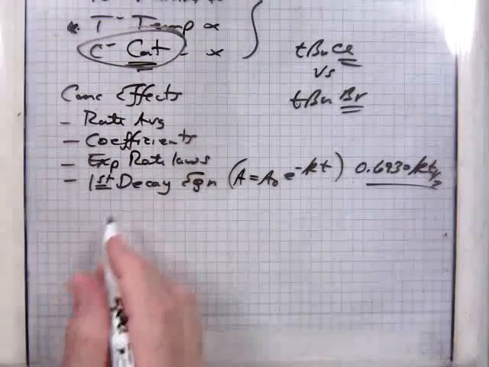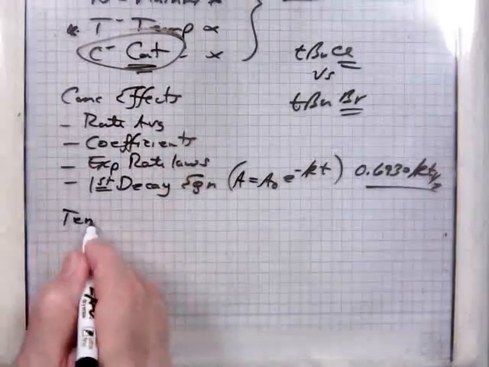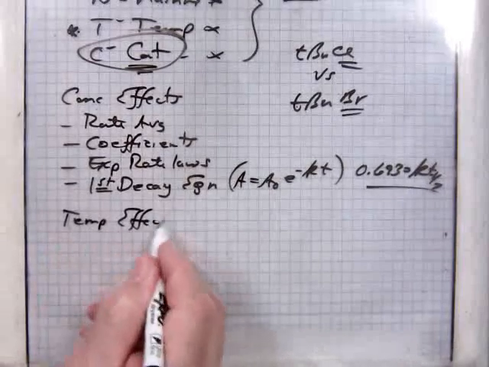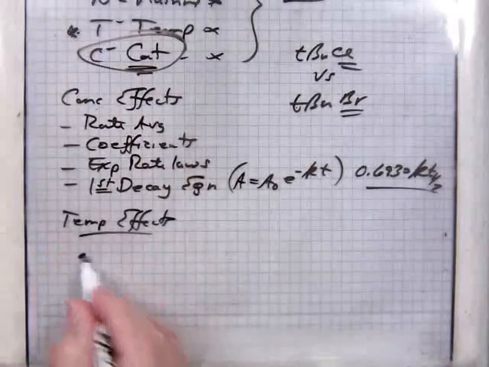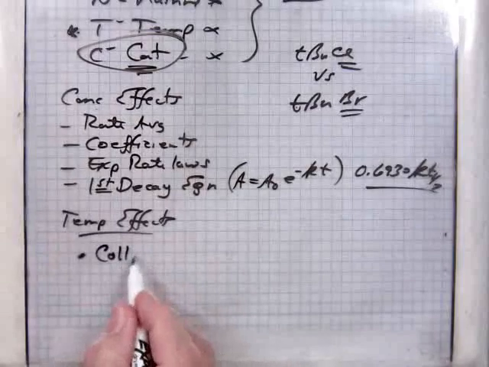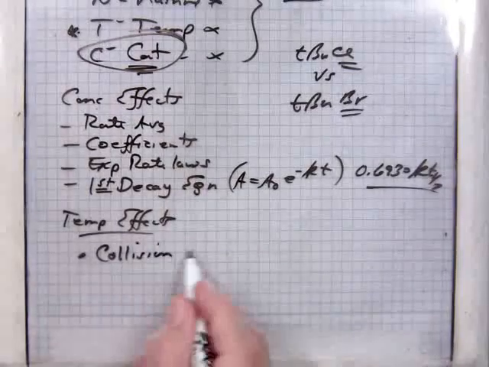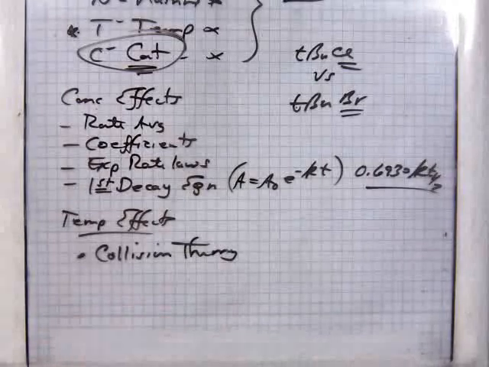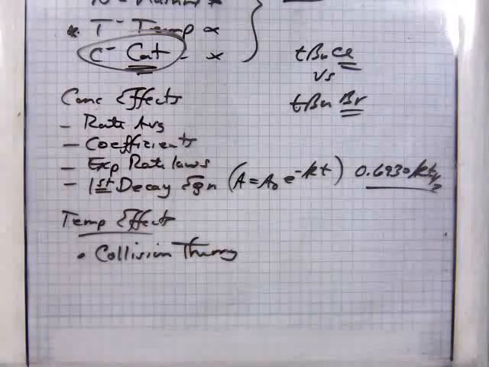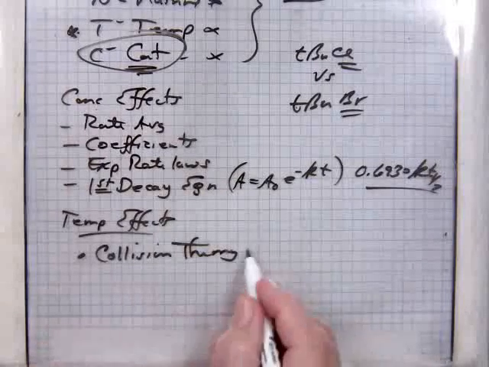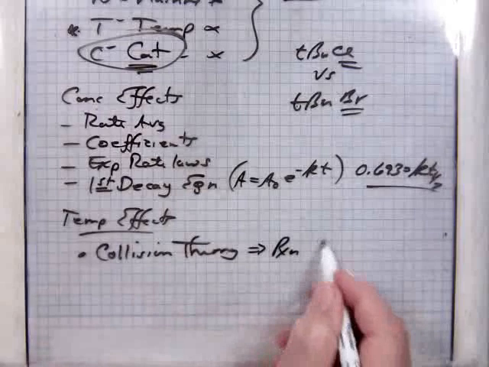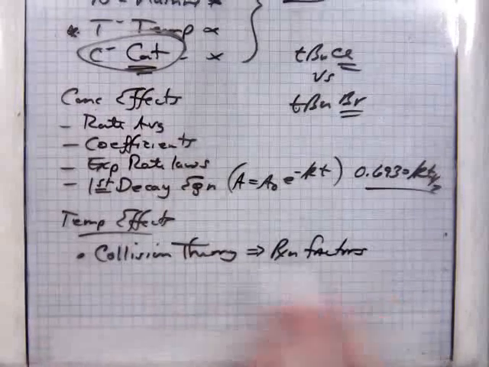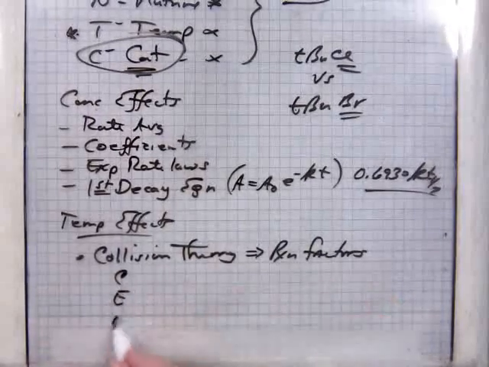Then we finished so far. We'll go to catalyst here in a second. We talked about temperature effects, and that involved the collision theory, and in that collision theory it emphasizes the idea of reaction factors, which is the CENT acronym.